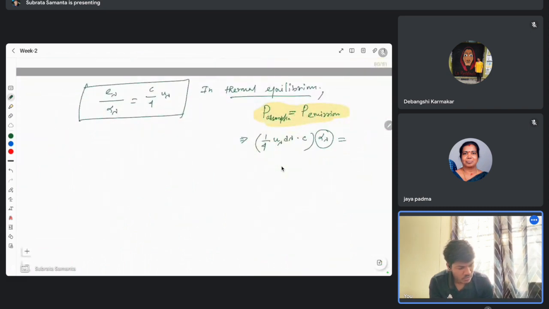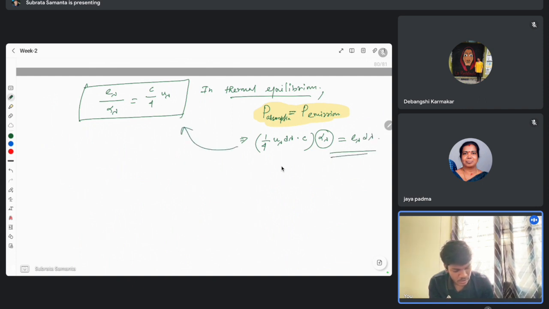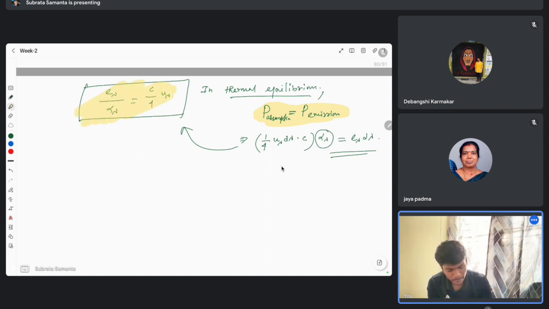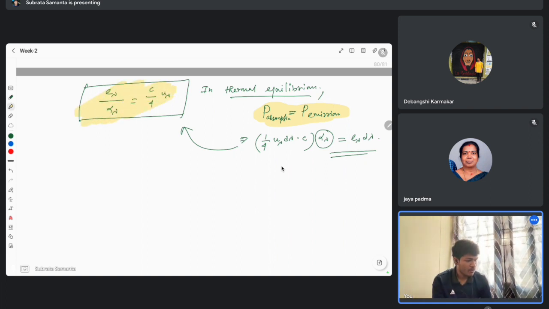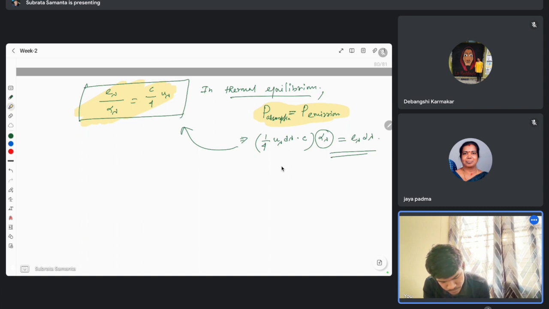This equals the emissive power E lambda d lambda. Then we end up with this. This is called the Kirchhoff law. That means E lambda by alpha lambda is a universal function of lambda and T. It is independent of the volume. So if we fix lambda and T, this is the Kirchhoff law.